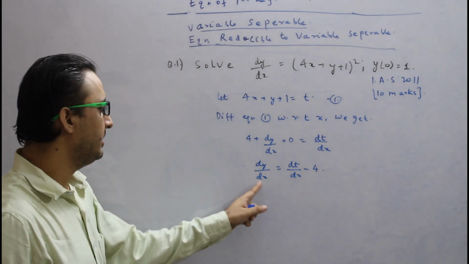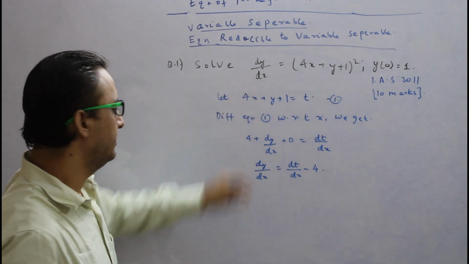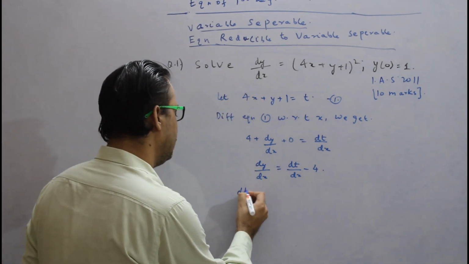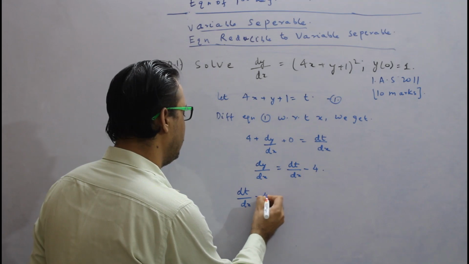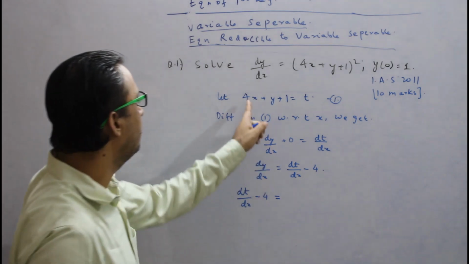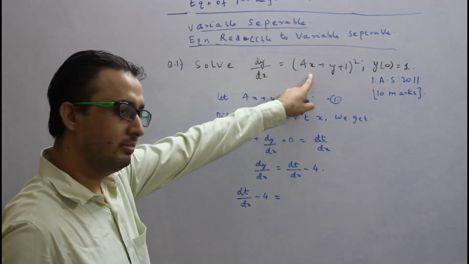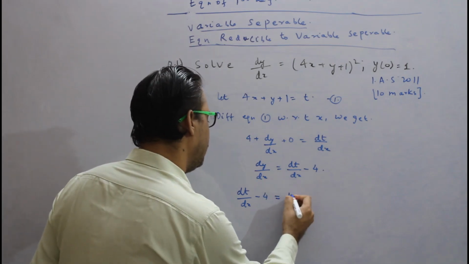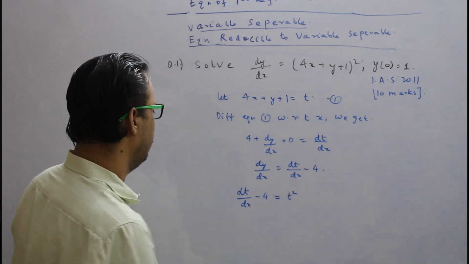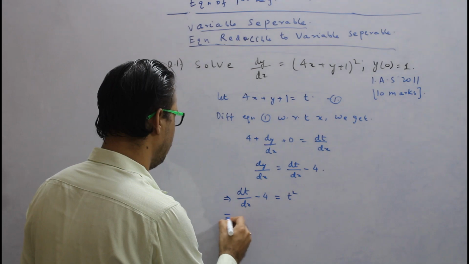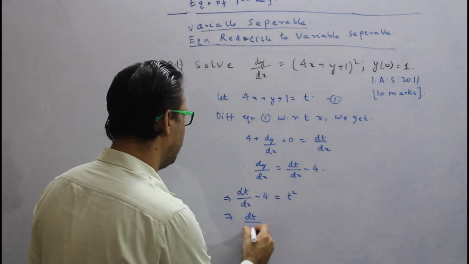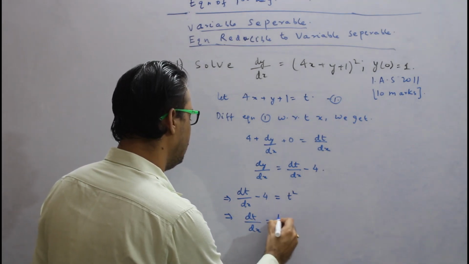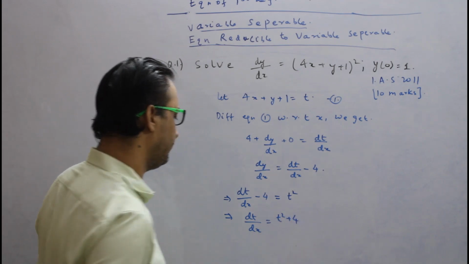So this we can write in the original equation. So we can write this as dt by dx minus 4 is equal to, 4x plus y plus 1 is t, so in this place we can write it as t square. So we write dt by dx is equal to t square plus 4.